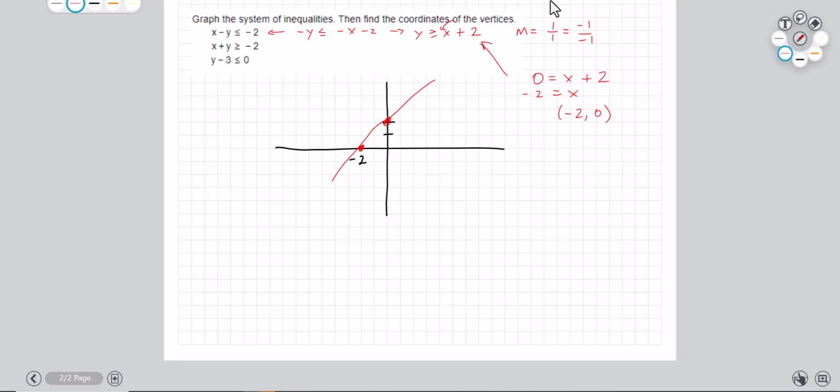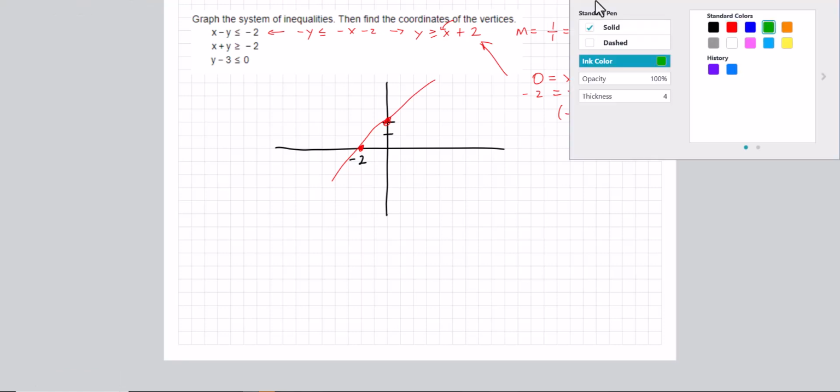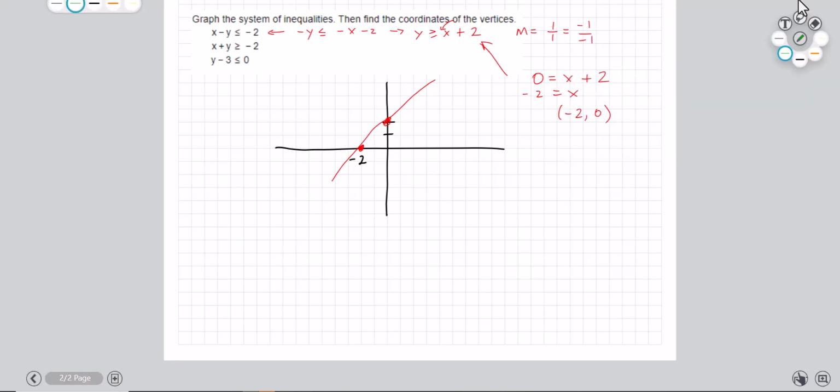All right, then the next one, let's get a different color here. So I'm going to look at, I'll write it down here, x plus y greater than or equal to -2. What do you do first? Solve for y, so -x minus 2. Remember what this value is: the y-intercept. So -2, I have a point right here.